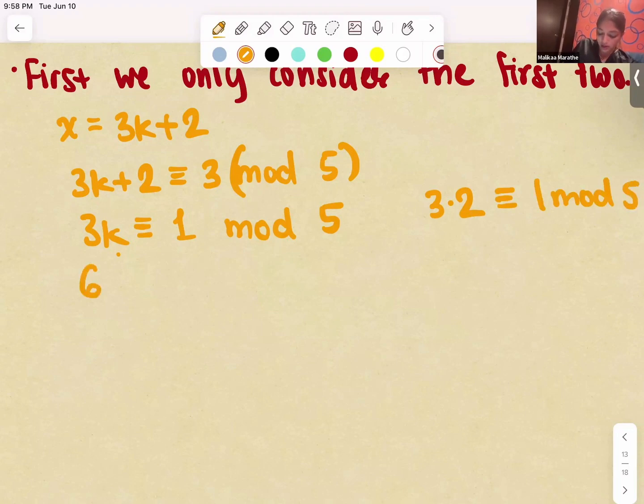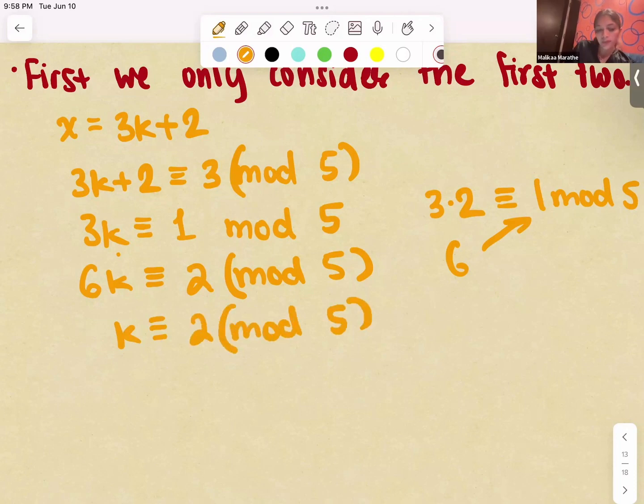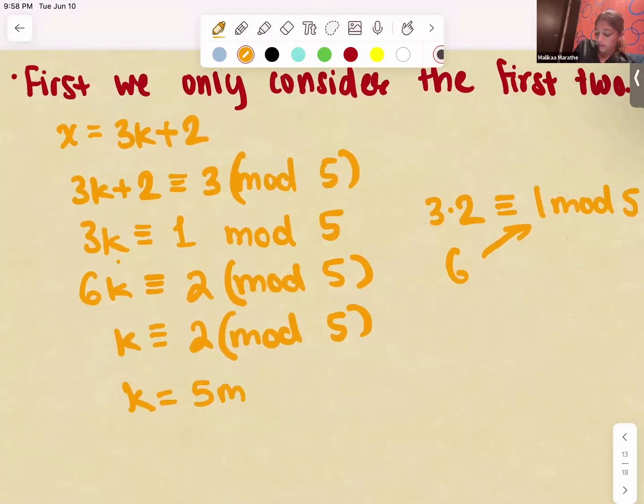So we're going to multiply both sides by 2. So 6k is congruent to 2 mod 5. Right? And now, since we know that 6 is congruent to 1 mod 5, we can just write this as k is congruent to 2 mod 5. Okay? And that means we can write k as 5m plus 2.